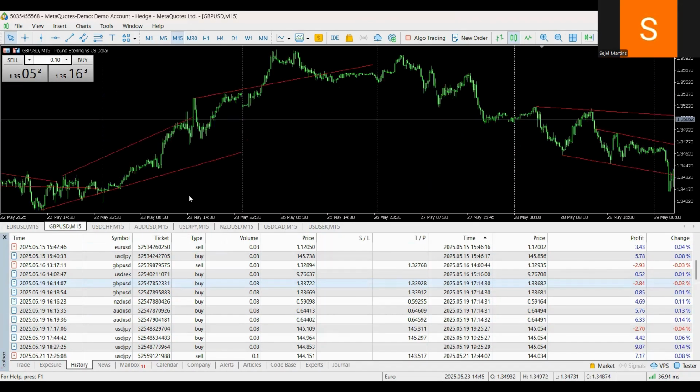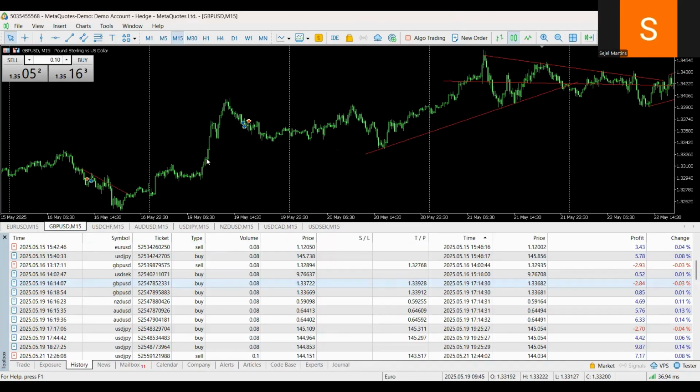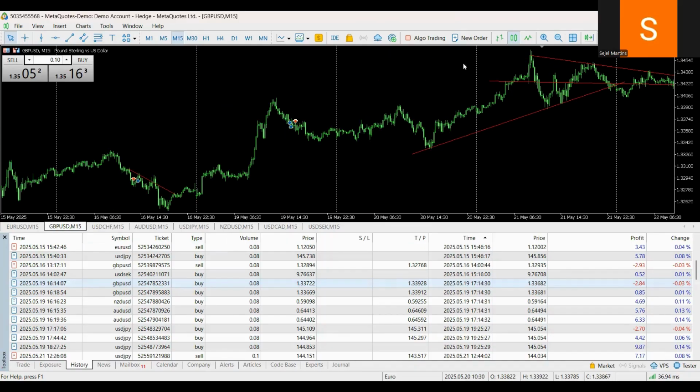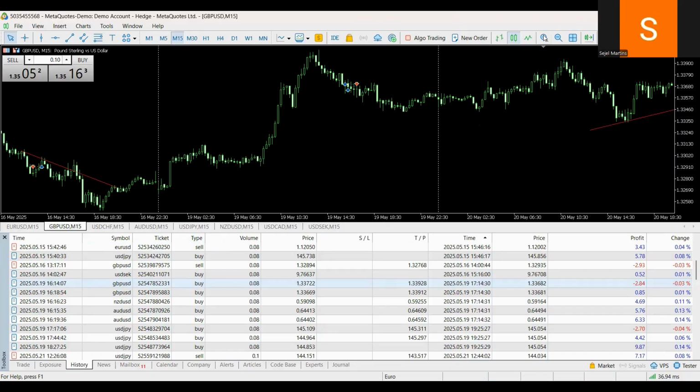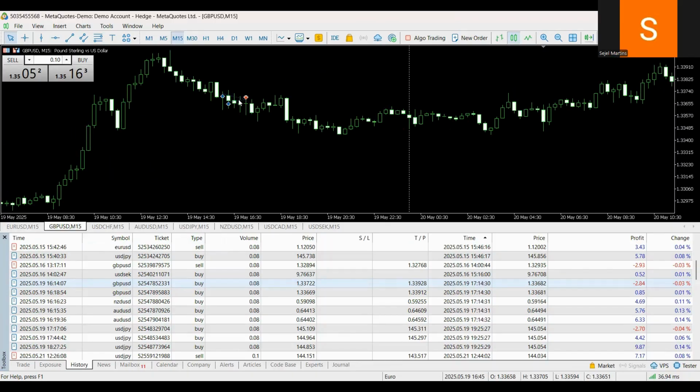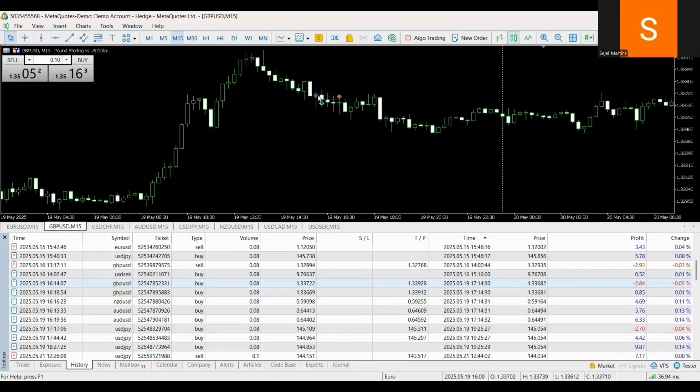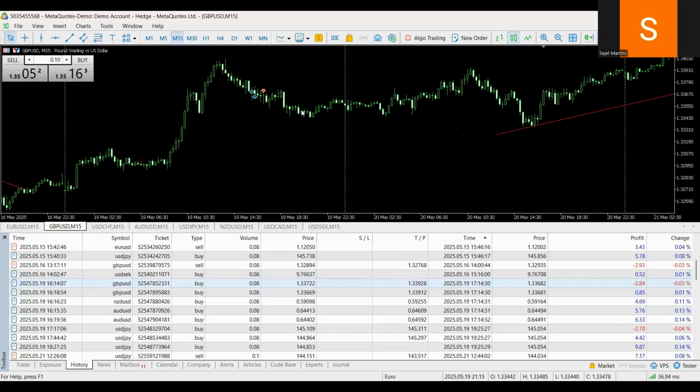GBP USD, 19th of May. Let's go, so it's over here. I don't know, like cluster trades. As you can see, I also tried this DCA method over here, buy and close. If it hadn't gone into profit, I think I could have blown my account. But my instincts clicked in and I just closed it.